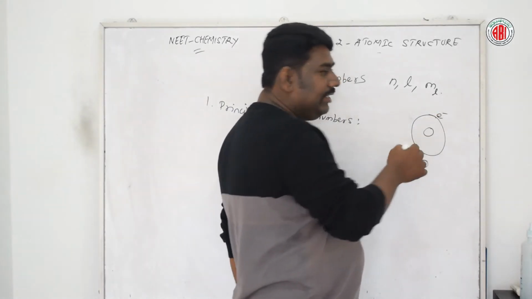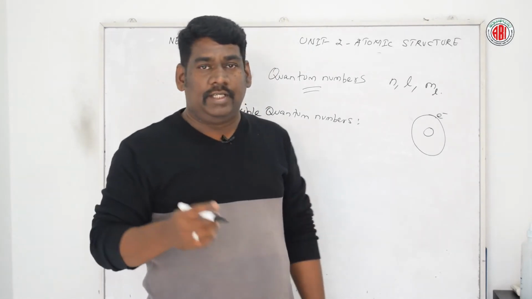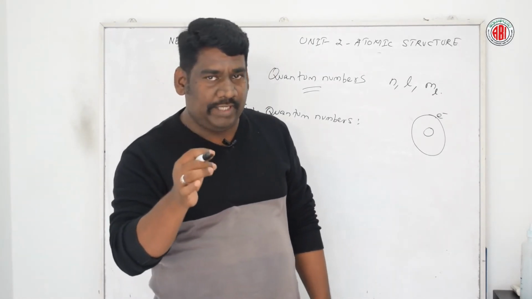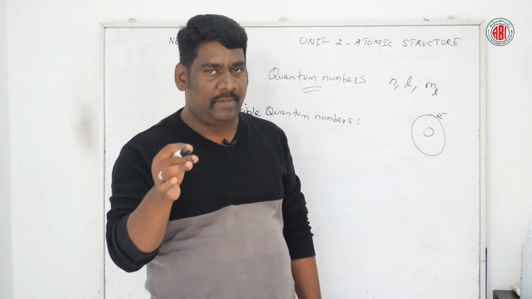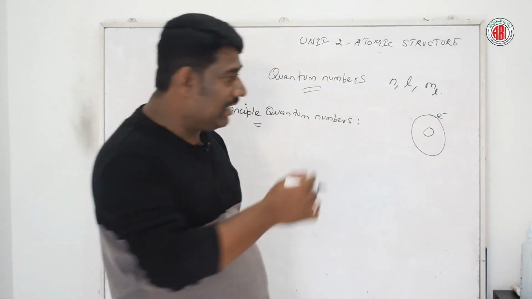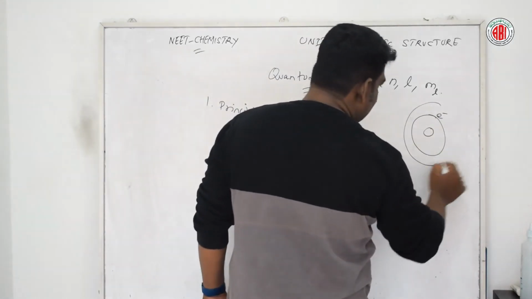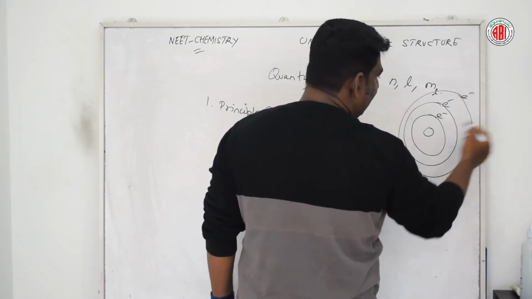There the electron is revolving around the nucleus. So this principal quantum number expresses the main energy shell or main energy level in which the electron is present. So here different electrons are present in different energy levels.